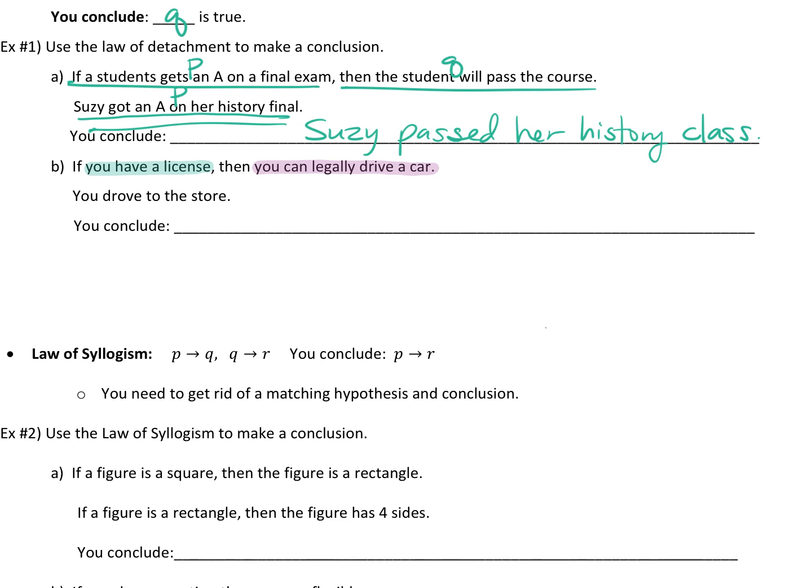But then the next statement says, you drove to the store. What do you conclude? You can drive. You conclude you can drive because you did drive. Can you make a conclusion about this? No, because it says if you have a license, then you can drive to the store. And all it says is you drove to the store.